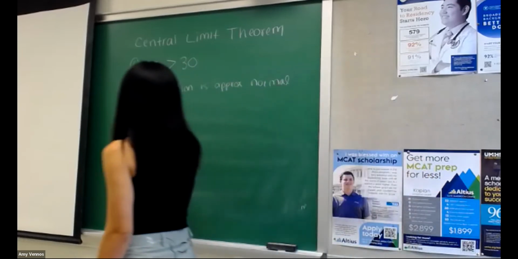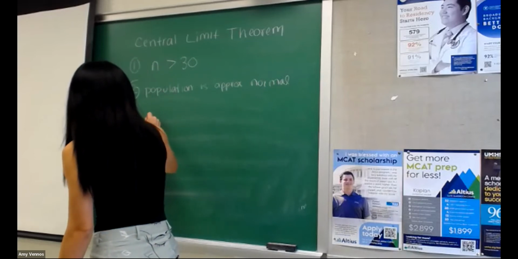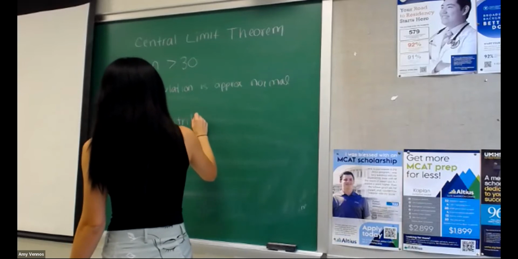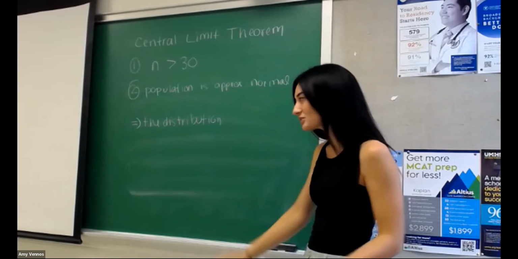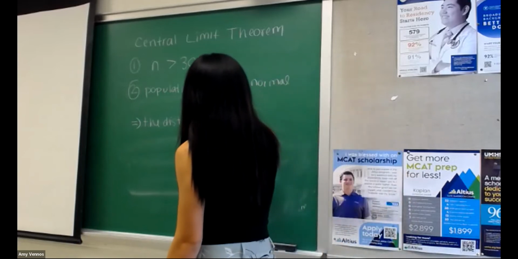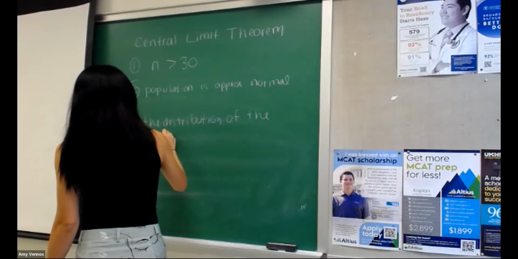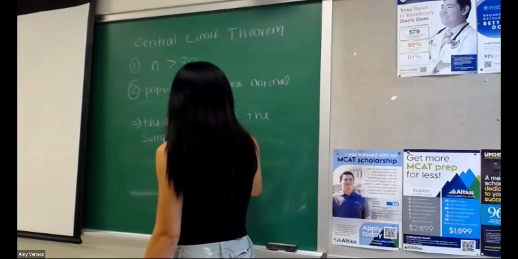So if either of these is true, what the central limit theorem says is that the distribution, and distribution just means shape or how spread out things are, okay? The distribution of the sample means is normal.